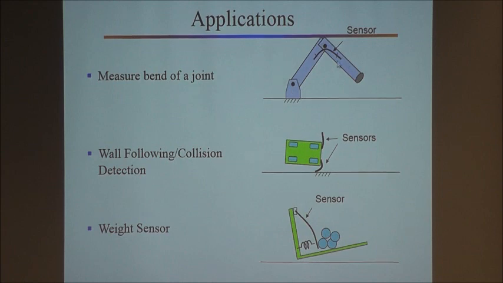The sensor needs to know what is the joint, what's this angle, how far do I bend? Or wall following. Here is a whisker. These are like whisker robots, whisker sensors. The whisker stands beyond the body of the robot, hits the wall and knows where it is. Okay?